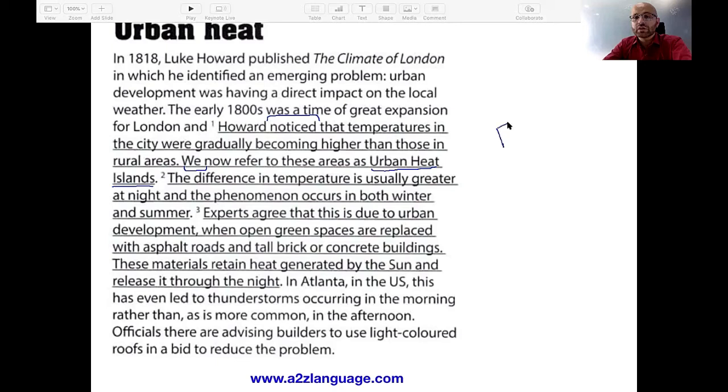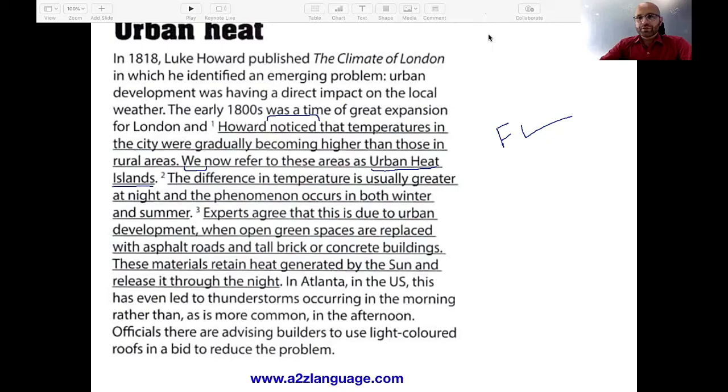This question is false because, we have to verify, the statement says Luke Howard is the one who invented, but the text says he did not invent. He just noticed the phenomenon, and we now refer to this as urban heat island. It's we, people living in this era, not in the era of Luke Howard.